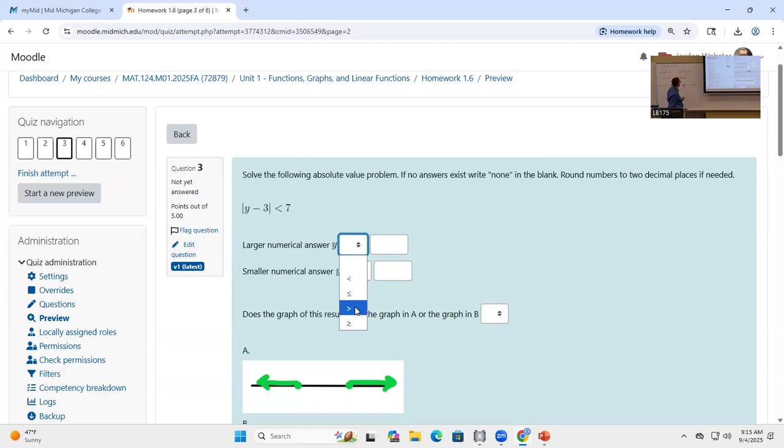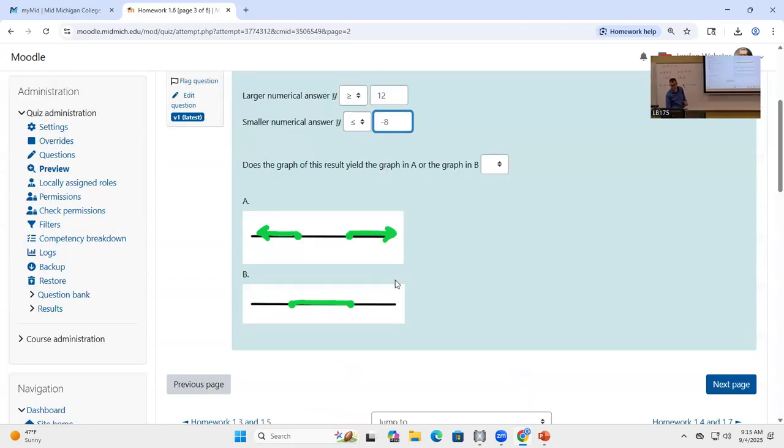So for us it was x greater than or equal to 12. So we'd have picked greater than or equal to 12. And then the smaller answer would have been x less than or equal to -8. So we'd have picked less than or equal to -8. Okay, and that would have been the answer.